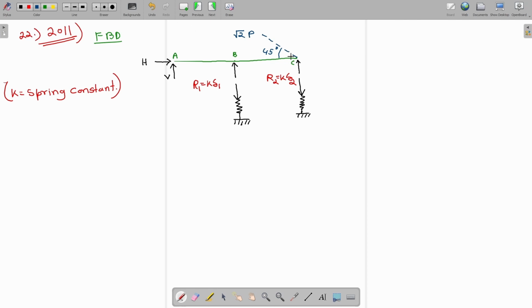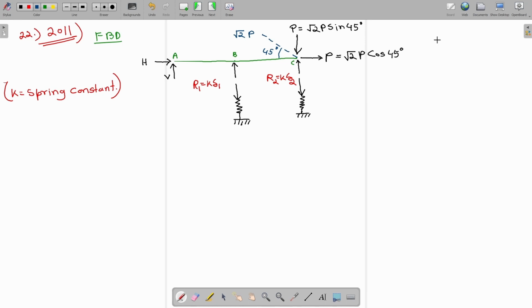Therefore, we are going to consider the vertical and the horizontal components of this root 2 P. The vertical load acting downward will be P, since the vertical component is root 2 P sine 45 degrees, and the horizontal reaction will also be P. It is given by root 2 P cos 45 degrees.